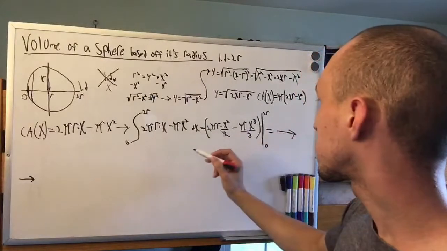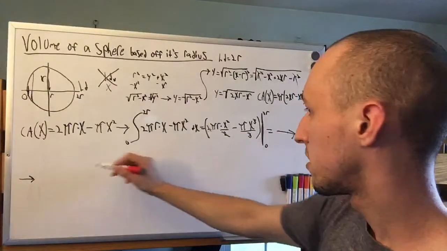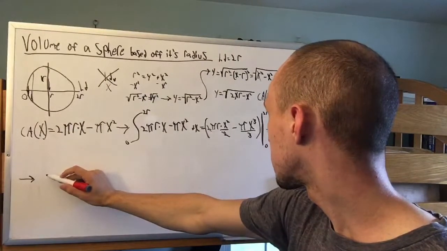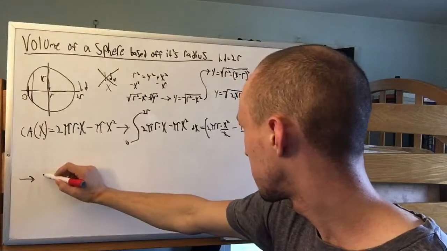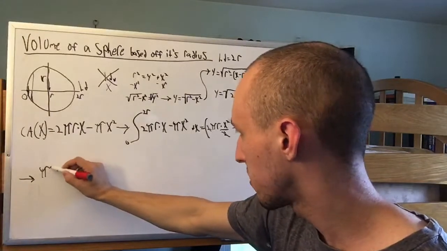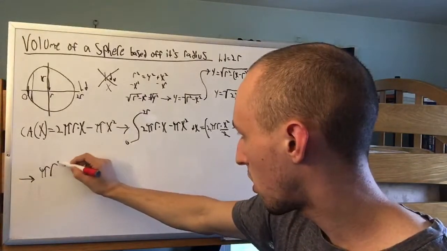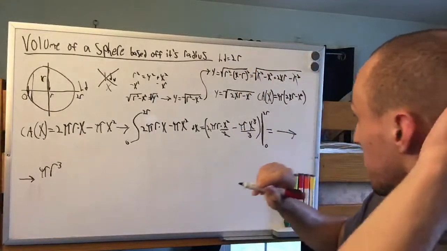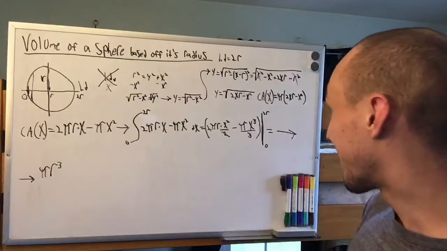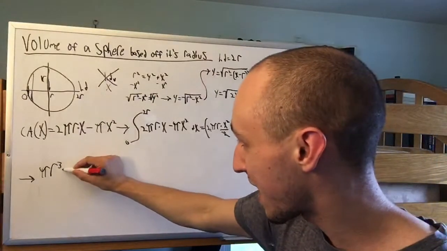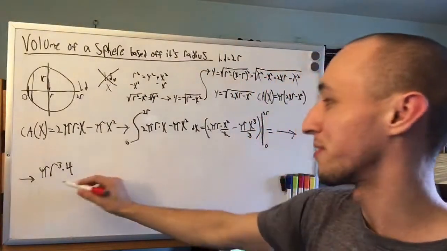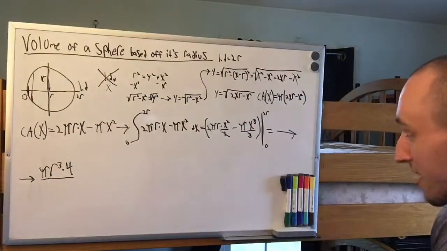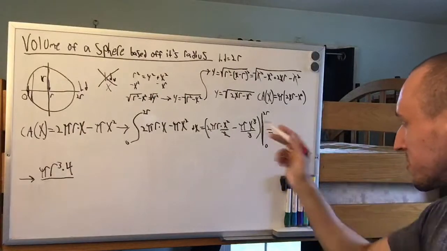So now, what do we do here? We're going to have pi r cubed, because x equals 2r. 2 squared is 4, so times 4. Divided by nothing, that's right, because it's just that.